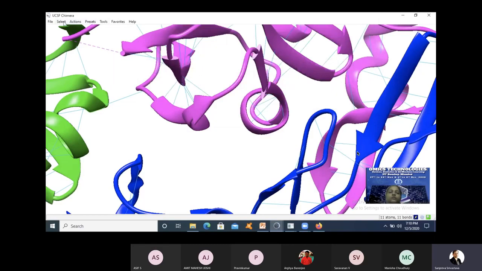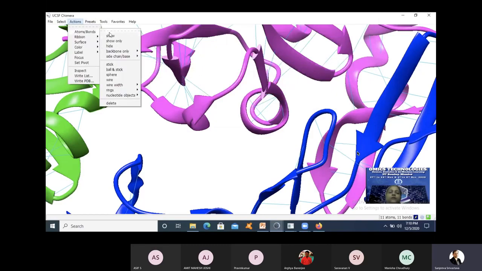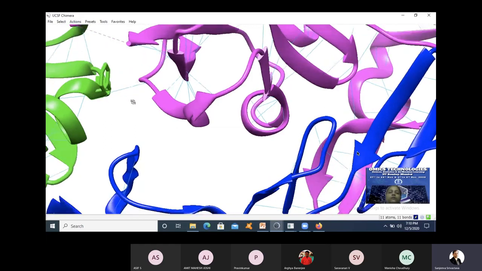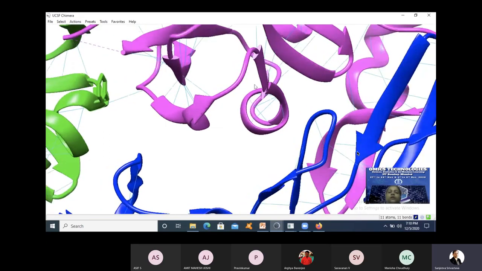Then we'll go to tools, actions, atoms, show. Now you can see this particular atom is being shown, because whatever we were seeing here is the ribbon form. When I selected the residue and asked to show it as a stick model, it shows that particular residue in the stick format.